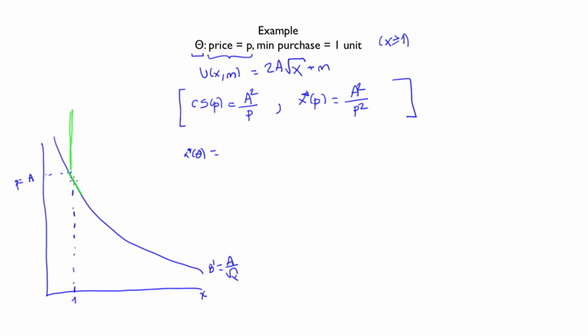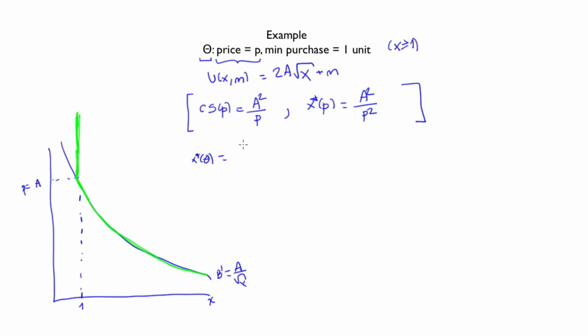When the price is low enough, you're here, and when the price is high enough, you become constrained and you are there.